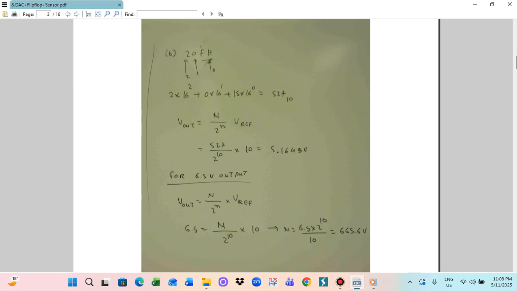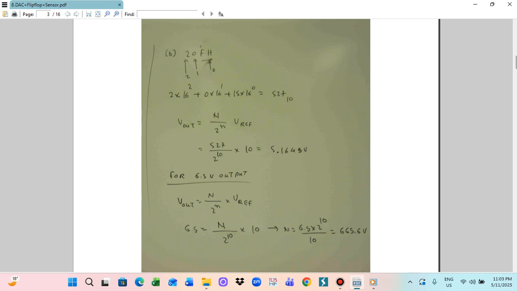V out is 6.5. We don't know n, so 2 power n is 2 power 10. By the way, the reference voltage is 10 volts. Then n is equal to 6.5 multiplied by 2 power 10 divided by 10. Then you get 665.6. So this is for the 6.5 volt output.